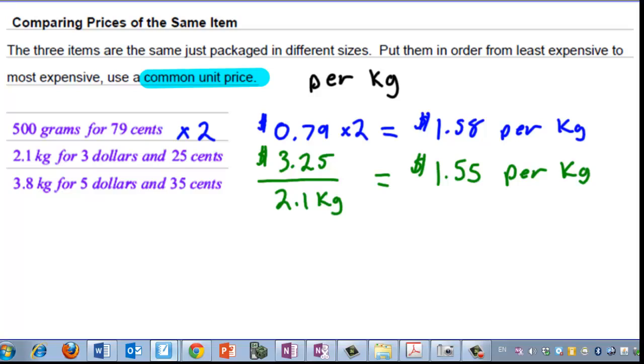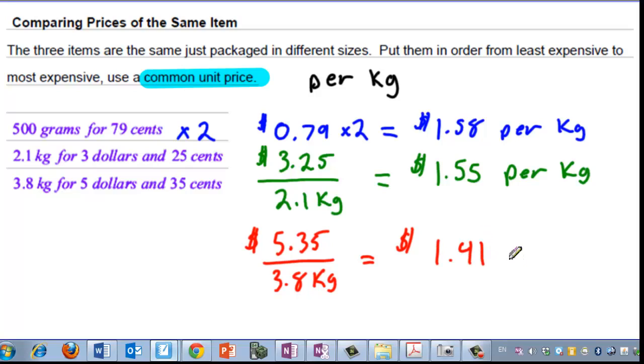And finally, if we are looking at 3.8 kilograms for $5.35, we are going to take the $5.35 and divide that by 3.8 kilograms, which results in a unit price of $1.41 per kilogram.